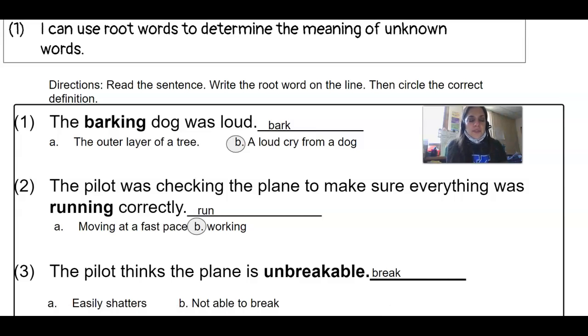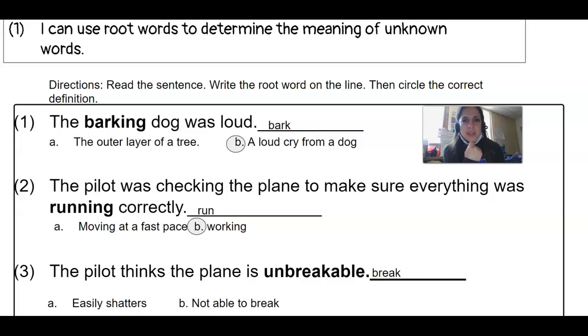Now we have to look outside of the word. The pilot thinks the plane is unbreakable. Well, plane, and now I see the root word break, but that prefix un, what does that mean?